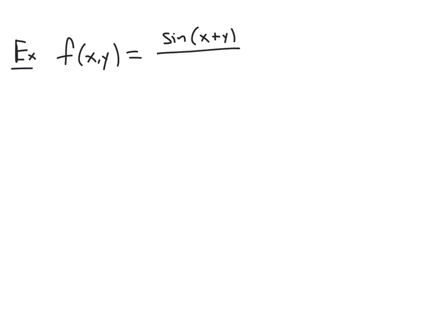For a quick example, let's consider this function, f of (x, y) equals the sine of (x plus y), all divided by x squared plus y squared minus 25. What we want to do here is determine where this function is continuous.